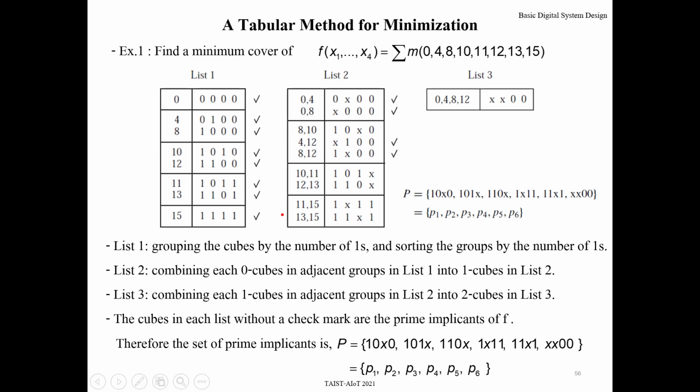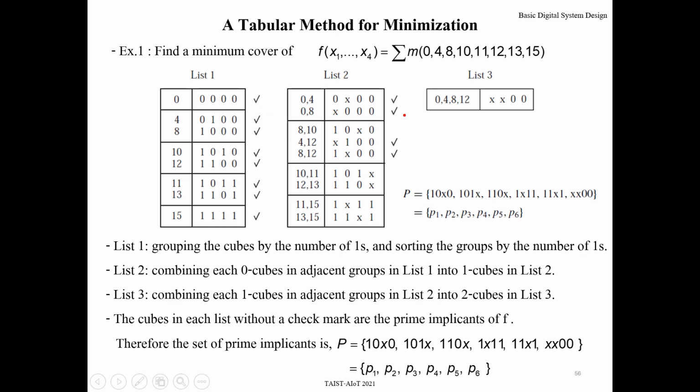After that, you compare this group to this group again. Okay, one thing, when you compare the minterms that you select, or check-mark, that are already selected or reduced to another cube.